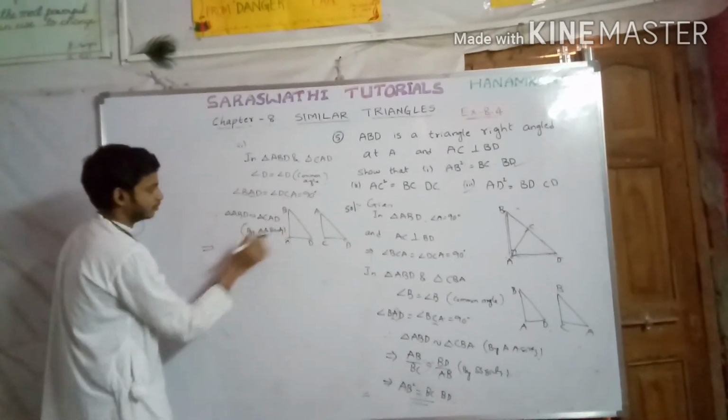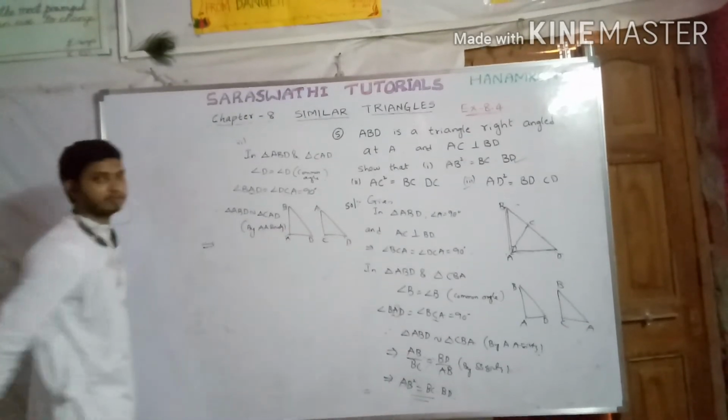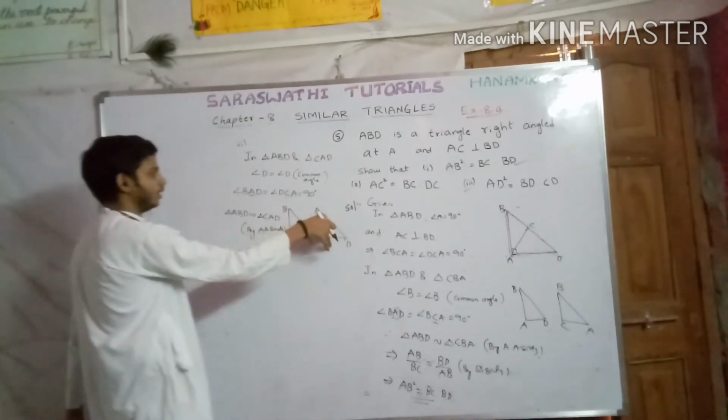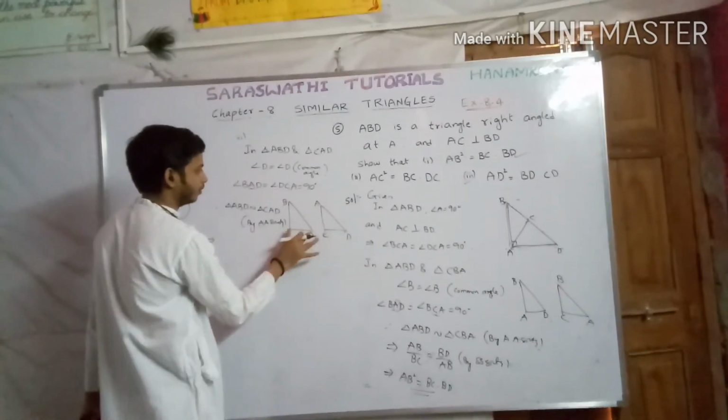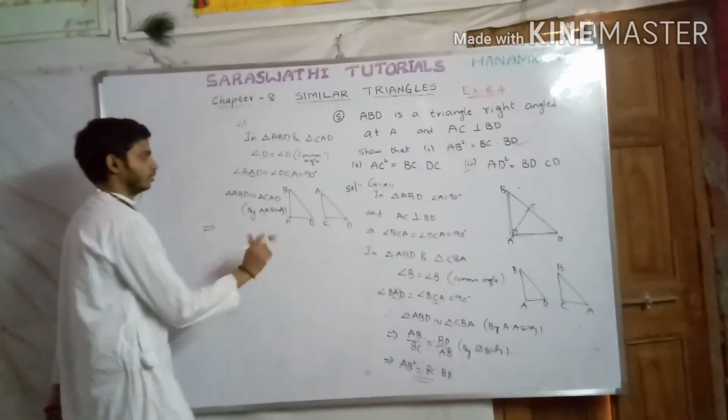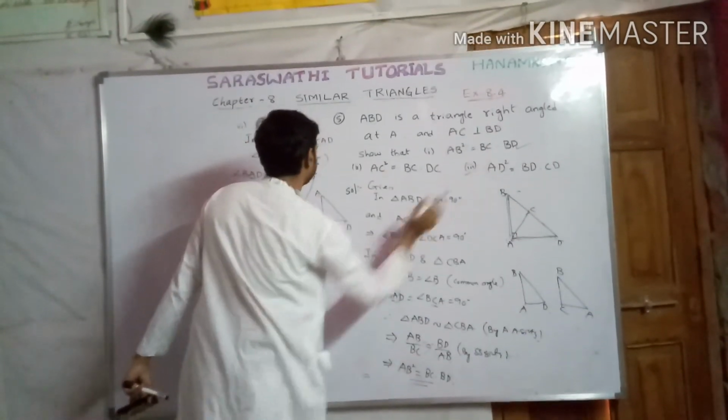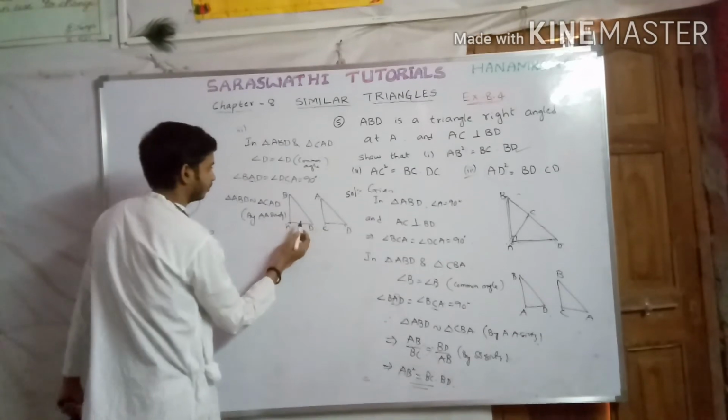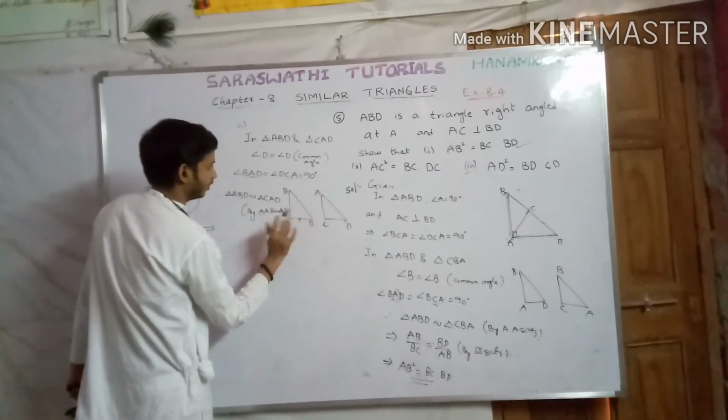If two triangles are similar, then the ratio of their corresponding sides are equal. That means AB by AC equal to BD by AD equal to AD by CD. In the proof it is required to show AD square, so the sides consisting of AD should be considered.